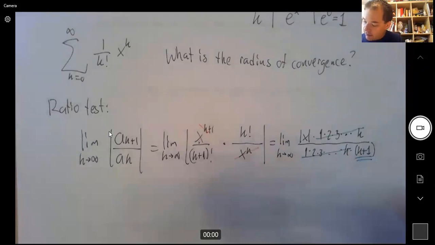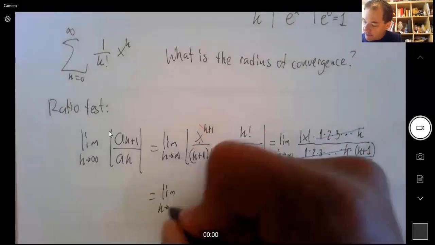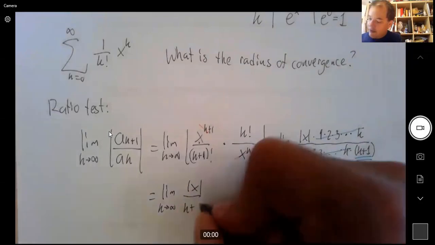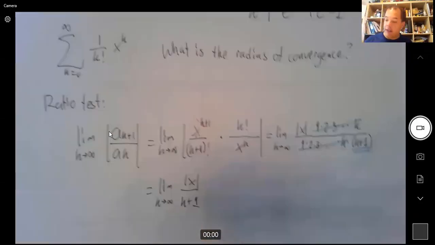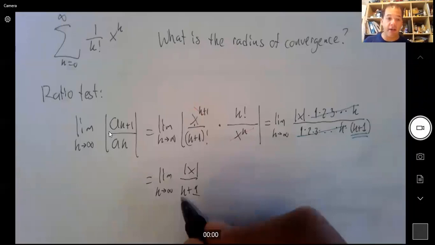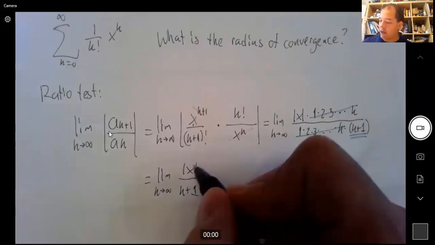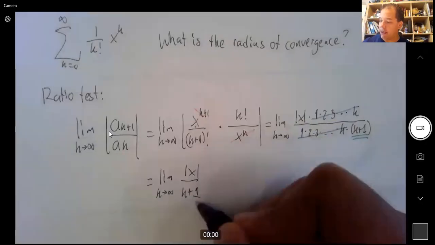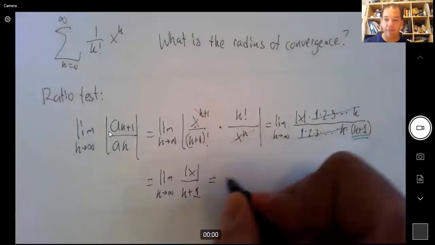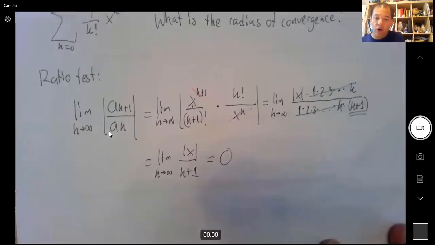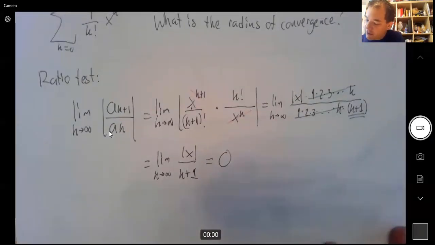So all of these go away, and only this k plus 1 survives. And what we get is absolute value of x over k plus 1, where k goes to infinity. Similar to the one we did for cosine early on, it doesn't matter what x is, when you divide by something big, this limit will be 0, right? And because this limit is 0 for all values of x and 0 is less than 1, the conclusion is that this series converges for every x.